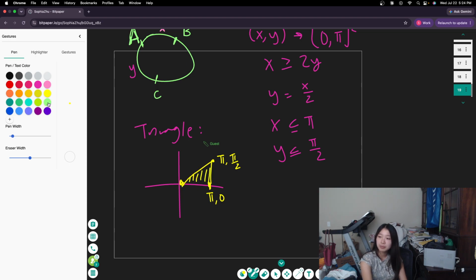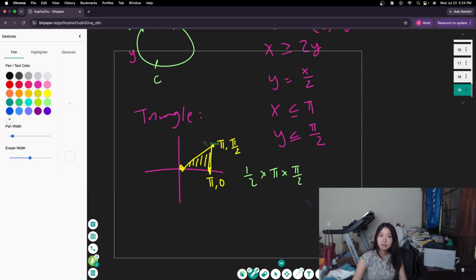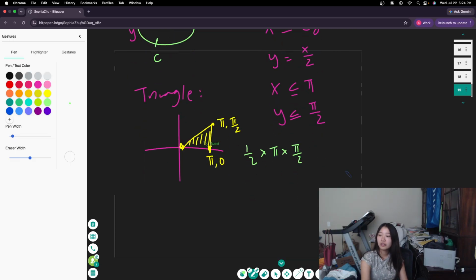And this triangle we can find the area of relatively simply. This is just 1/2 times pi times pi over 2. And if we expand that out, we end up getting pi squared over 4. And the whole square has an area of pi squared.